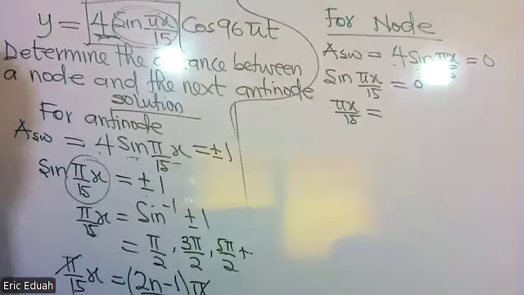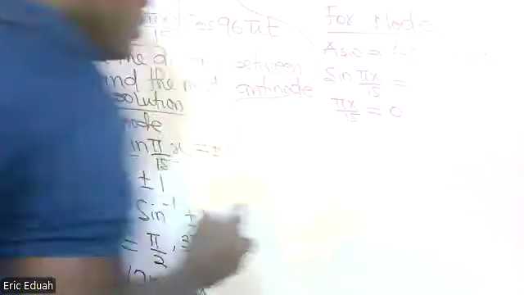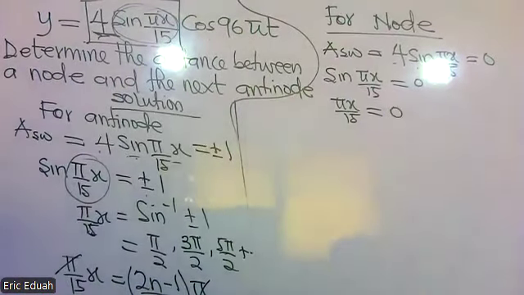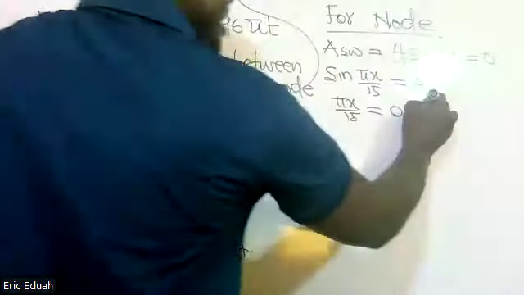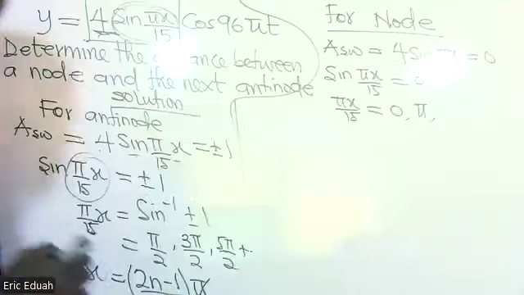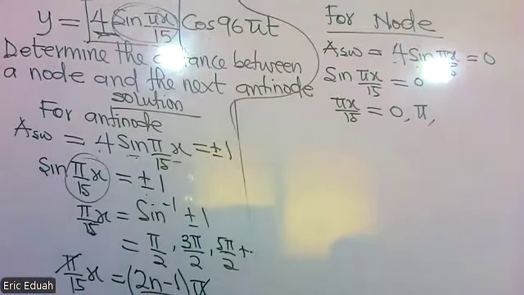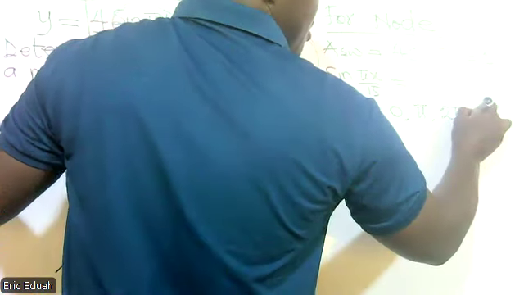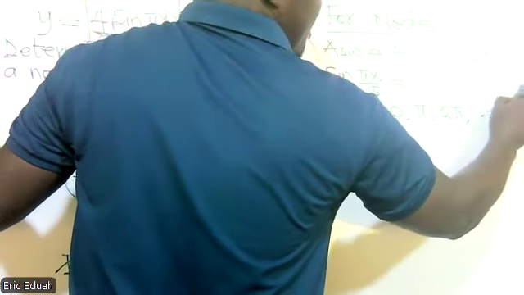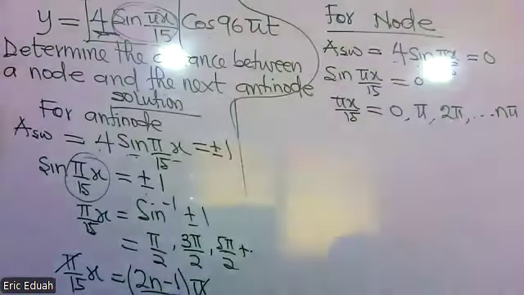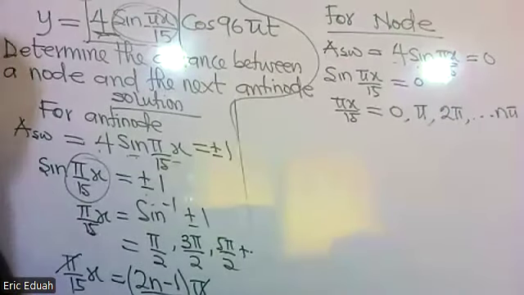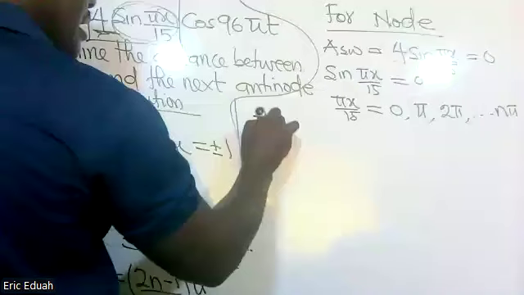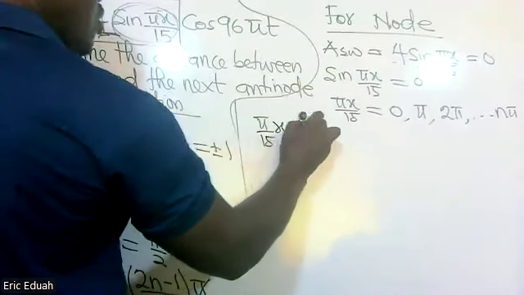And what are the angles? We have 0. 0 will do, because sine 0 is 0. Then 180, which is pi. Sine 180 would give us 0. Then 360, which is 2 pi. So we realize that this will be n, both even and odd, so the formula will be n pi. Therefore, we have pi x on 15 equal to n pi.